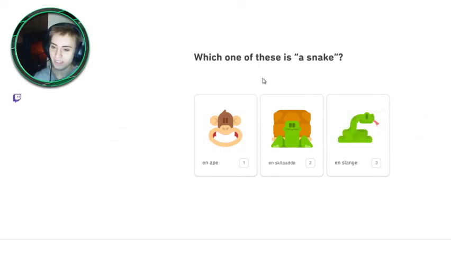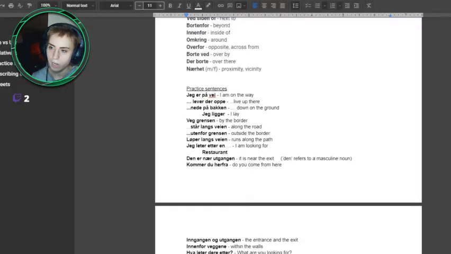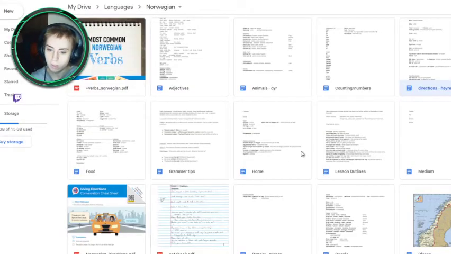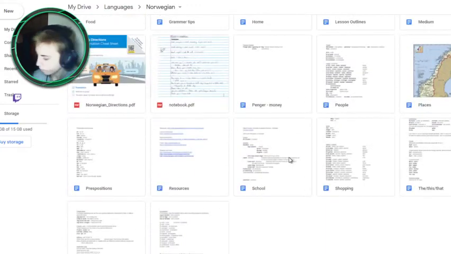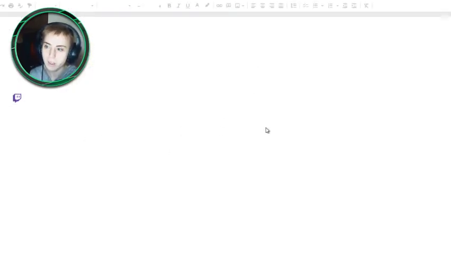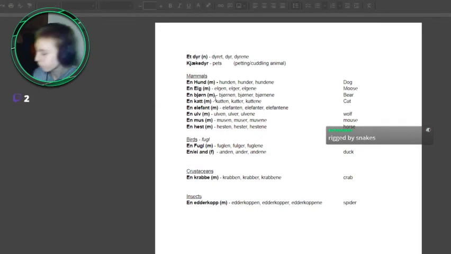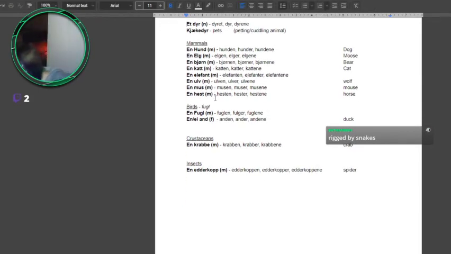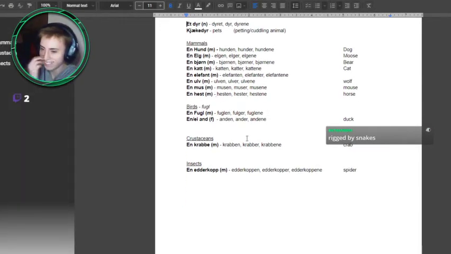Which one of these is a snake? En slange. I should have a thing for animals. If I'm going to be a biologist in Norway, yep, dear, I should know my deer, rigged by snakes.